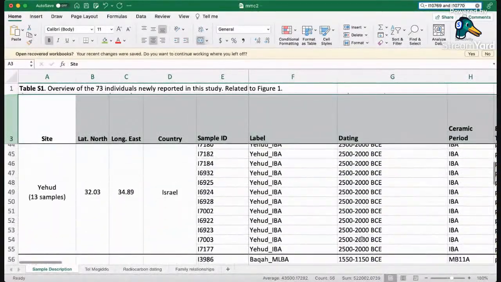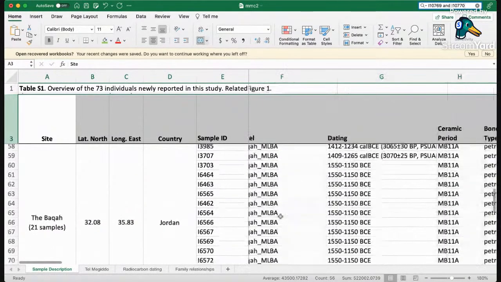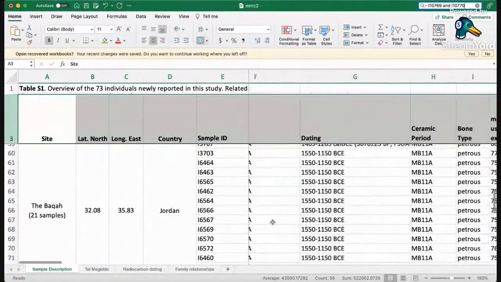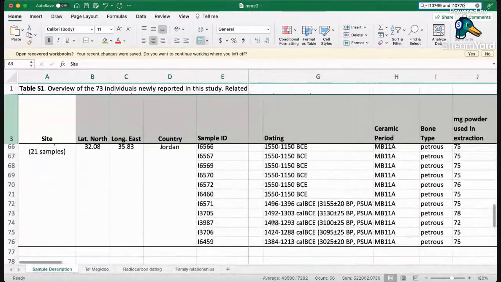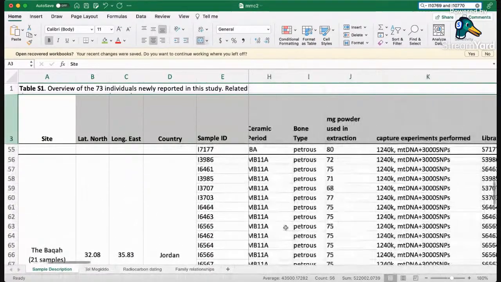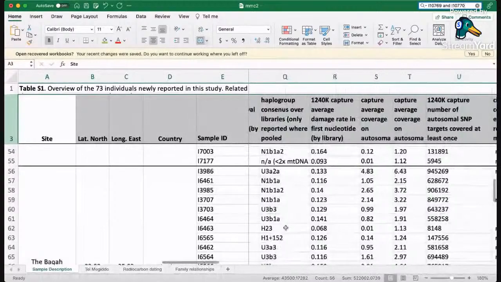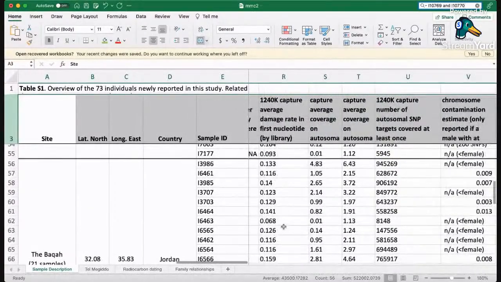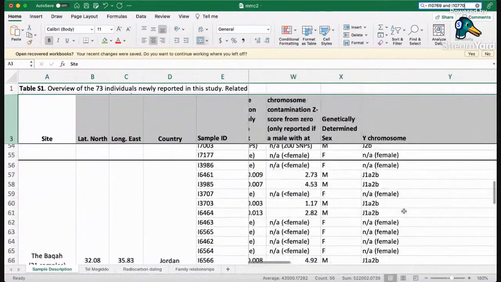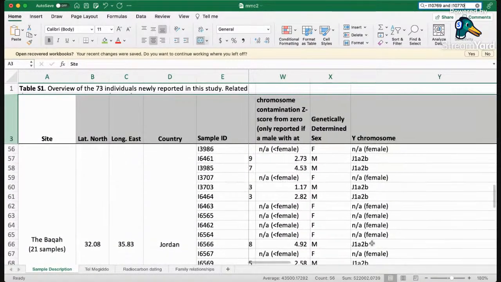Now, an important note for everybody to see is the Baq'ah, Jordan samples, which date to the Bronze Age, the Middle to Late Bronze Age. These individuals would have been Moabites, and Moab descends from Shem. And as we can see, their paternal haplogroup was J1a2b.